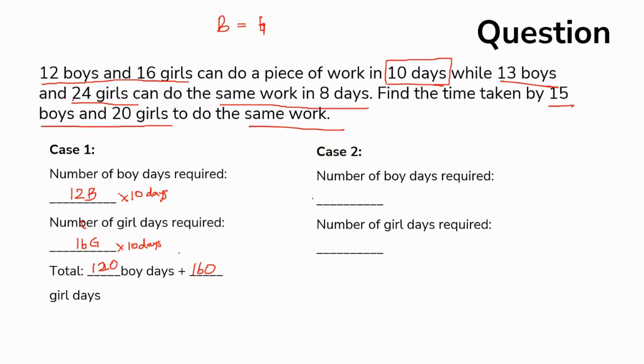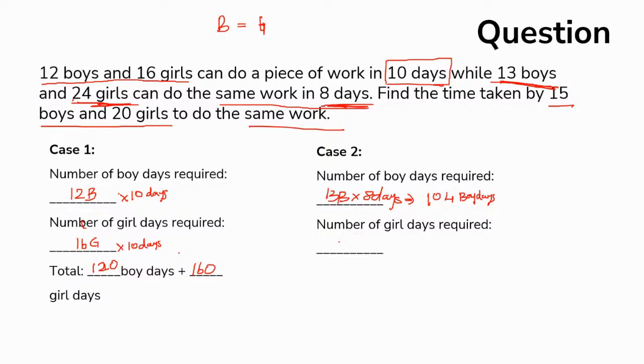In the second case, 13 boys and 24 girls can do the same work in 8 days. So 13 boys into 8 days is 104 boy days.